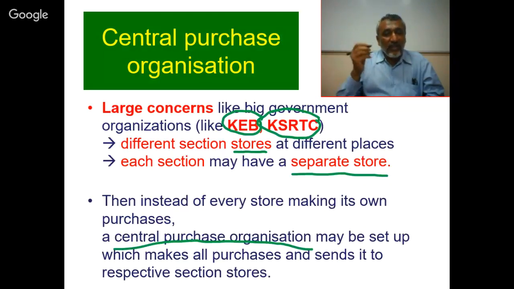It can negotiate with the different suppliers and get the material at the lowest possible price. That is, it can get the material at a much lower price because of the large quantity of purchase. And also, because purchase is done in one place, strict control of purchase is possible in this type of organization. That is, in the central purchase organization, the material will cost less and also purchase will be strictly under control.